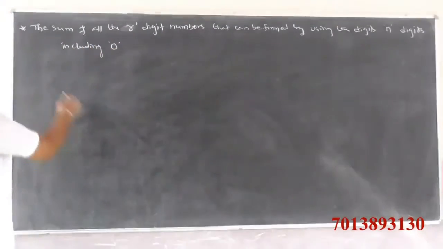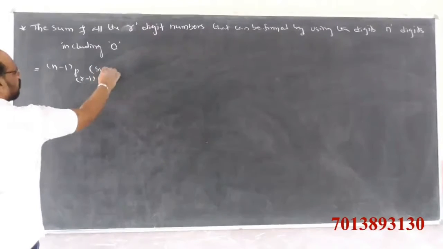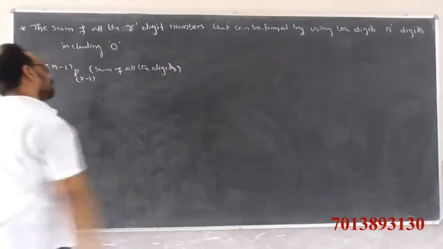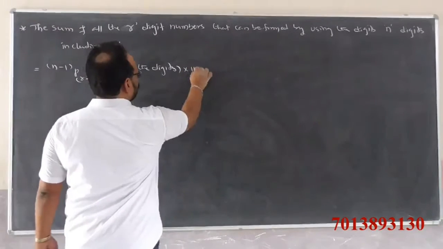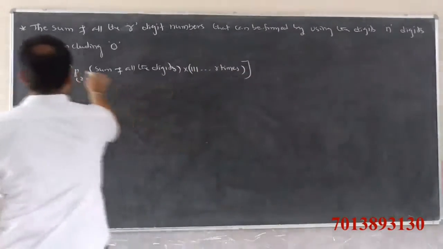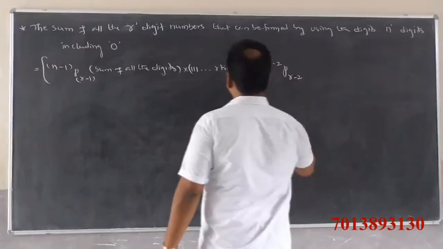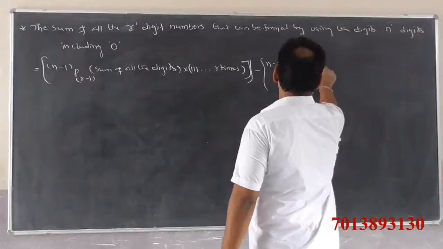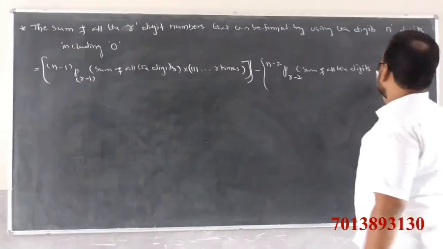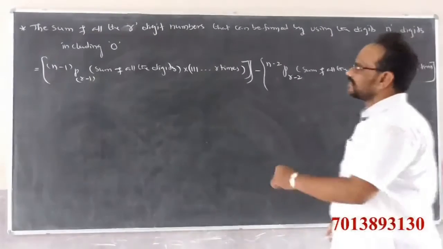We have a formula that is equal to (n−1)P(r−1) into the sum of all the digits into 1, 1, 1 and so on up to r times, minus (n−2)P(r−2) into the sum of all the digits into 1, 1 and so on up to (r−1) times. This is the formula.